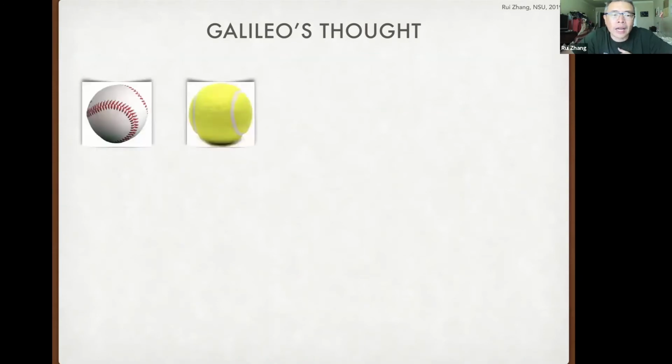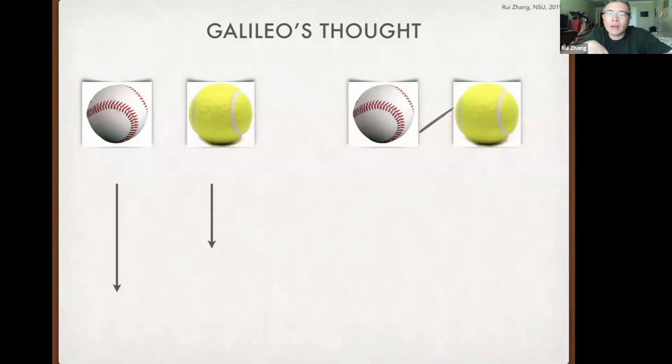Take the tennis ball and the baseball. Now, suppose Aristotle was correct. Suppose the heavy object falls faster. Then we would say that the baseball falls faster than the tennis ball. Now, Galileo said, let's connect them by a string.